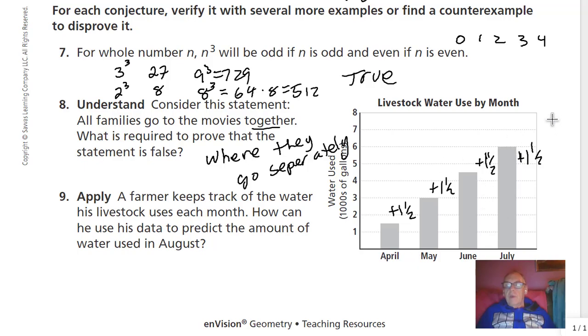So July would be 7.5, or August would be 7.5. So that's how I would predict what this would work out to be. So here's August. And that's the additional practice.